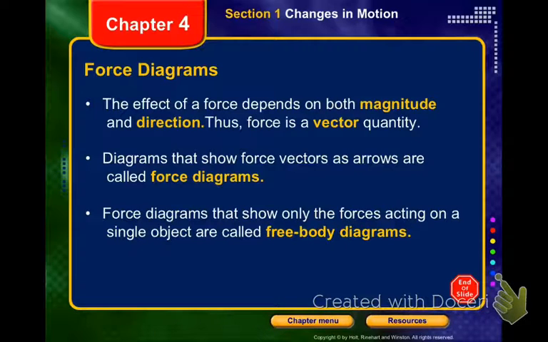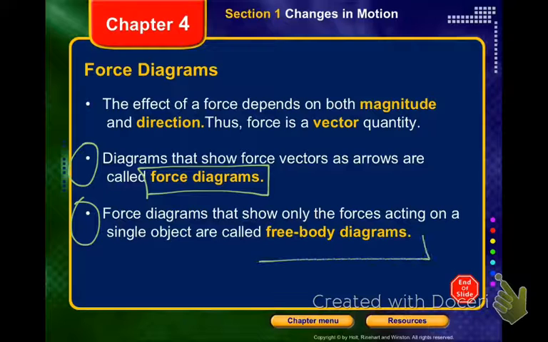I do want to call your attention to those last two bullets, this one and this one. A force diagram is different than a free body diagram. And when you have your homework or worksheets or the tests that you'll have over this, if it says draw a free body diagram, that is what are my forces on one single object.